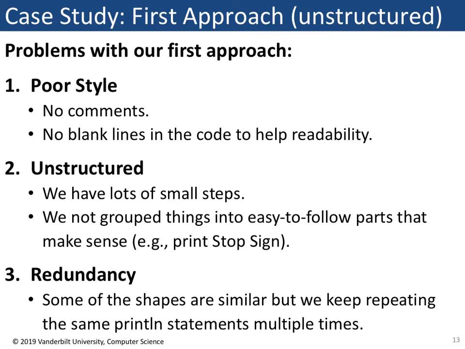It was completely unstructured, in that we had many small steps with no intentional grouping, so it was not very easy to follow and make sense of. And finally, it was very redundant. There are many places where we were drawing the same shape over and over, completely duplicating the work we had already done to draw those shapes on the screen.